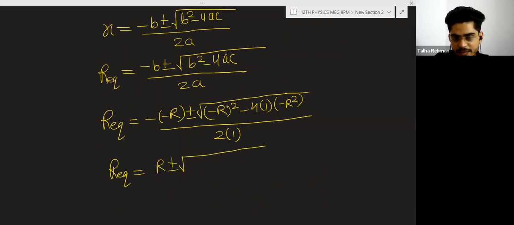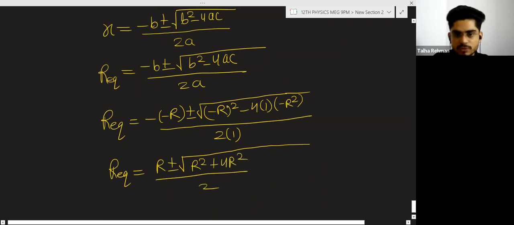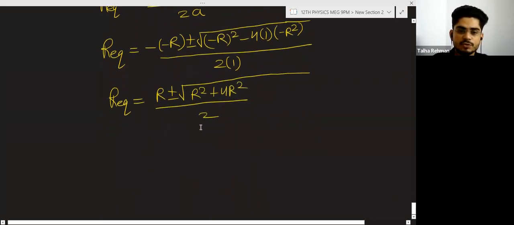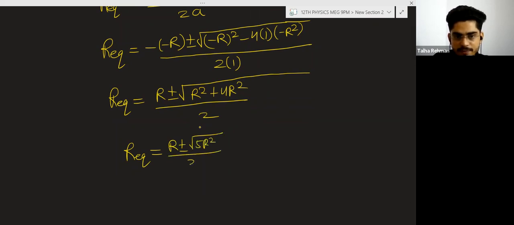This is just the simple calculation. The square of this becomes r square. This will become plus 4r square, and this will become 2. And from here you can calculate r equivalent as r plus minus 5r square divided by 2, that is root 5r divided by 2.